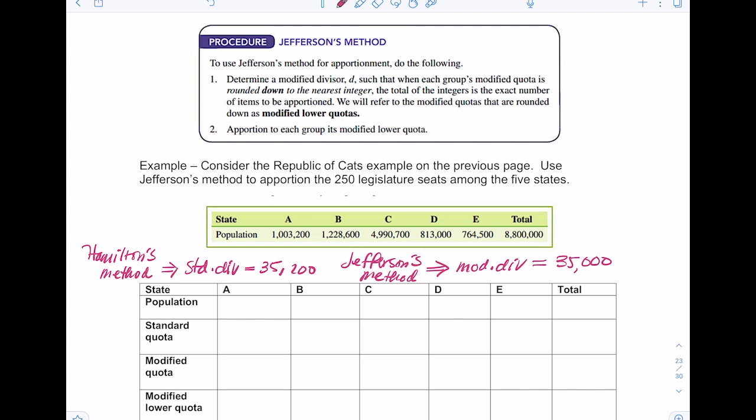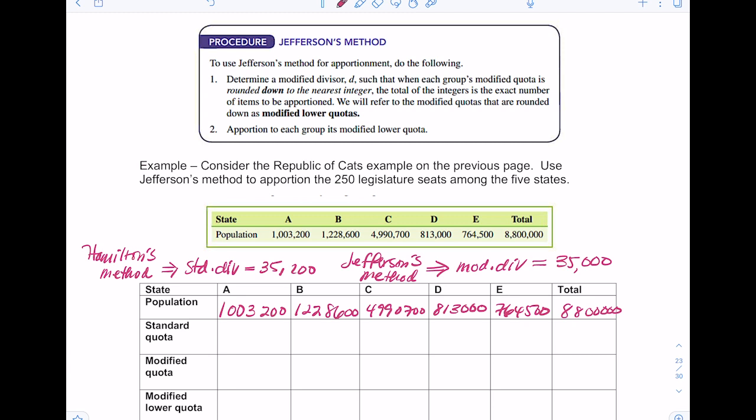Okay, so I'm going to recopy from the problem that you all did on your own. All of this was given, okay, the population. So here, 1,003,200, and so on. And the total population was 8,800,000.